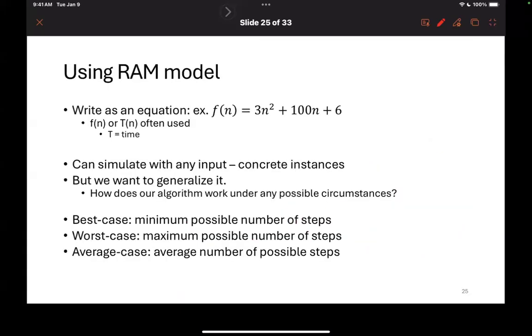Okay, so once we have this equation, great. This allows us to generalize how our algorithm will work under any possible circumstances. So I can have this function that I call for however long my array is.